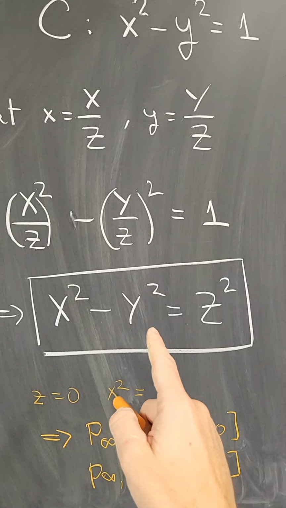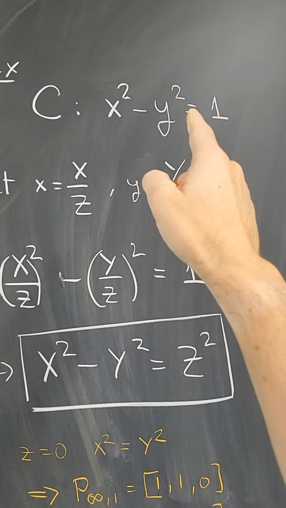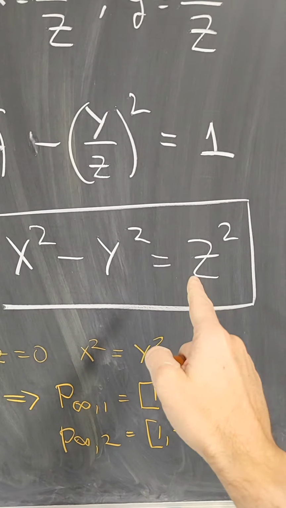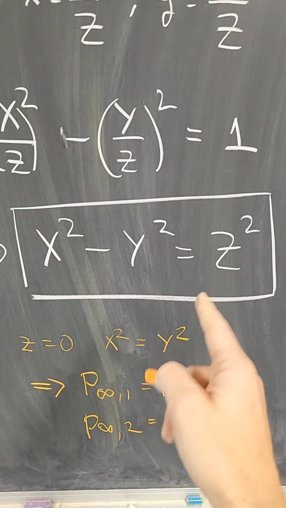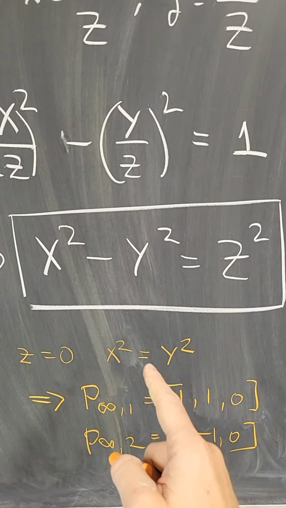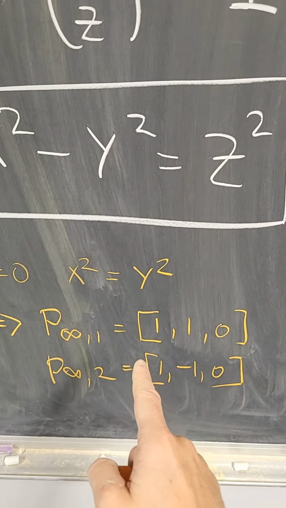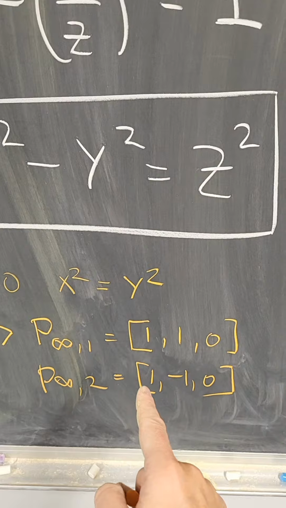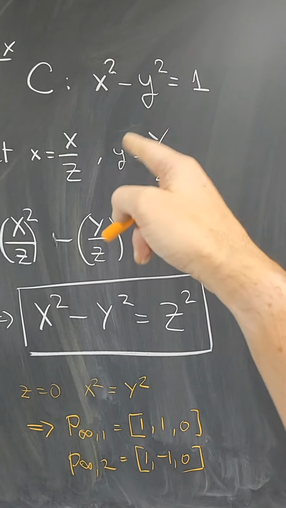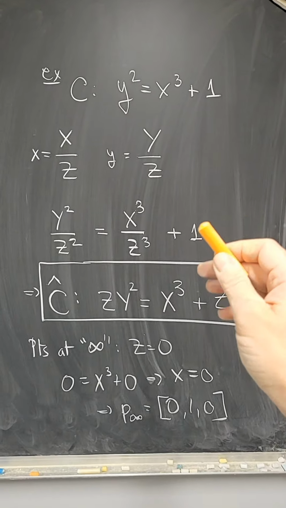The points when z is non-zero correspond to the points in that affine chart, but there are more points in here. When z is 0, I've added 2 more points, because when z is 0, x squared equals y squared, so x is plus or minus y, and that gives you 2 points at infinity: the point 1, 1, 0 and the point 1, minus 1, 0. Those are new points that were not present in here because they are at infinity in the graph of that hyperbola.